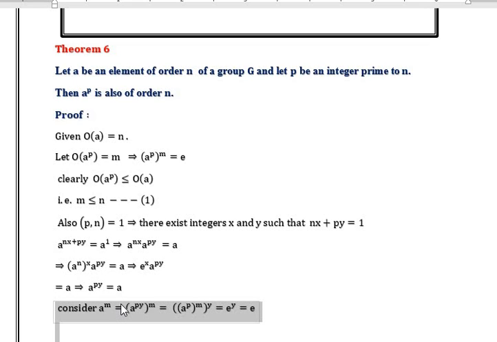Consider a^m is equal to (a^(py))^m, because we got here a^(py) as a, so replace a by a^(py). Rearranging the powers, we get ((a^p)^m)^y. (a^p)^m is e, so we get e^y. e^y is nothing but e.